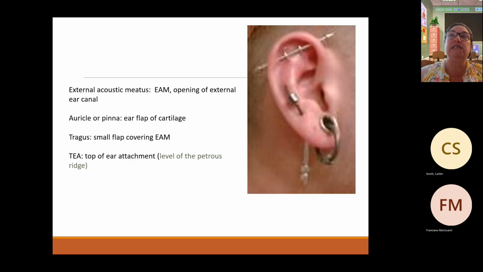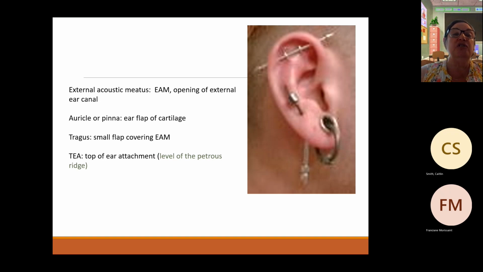The reason why we need to know these is because in an abdomen, you use the iliac crest for positioning. In the skull, we have skull positioning lines that we use, and we're going to learn just a bit more about them.